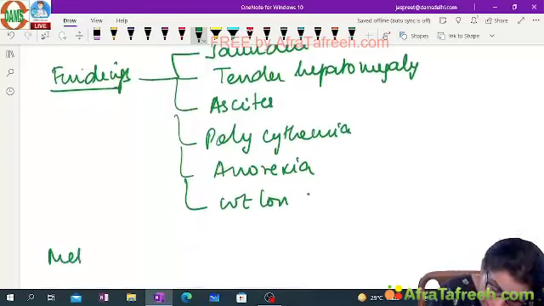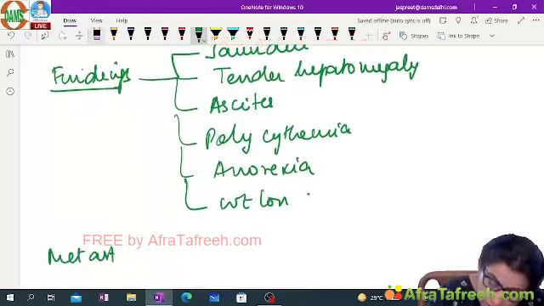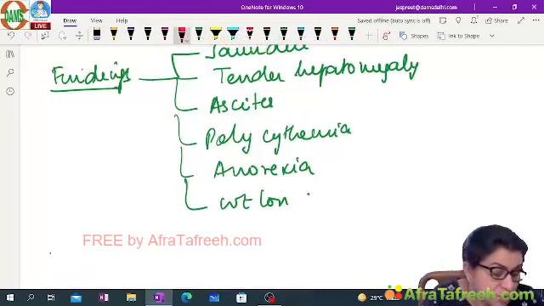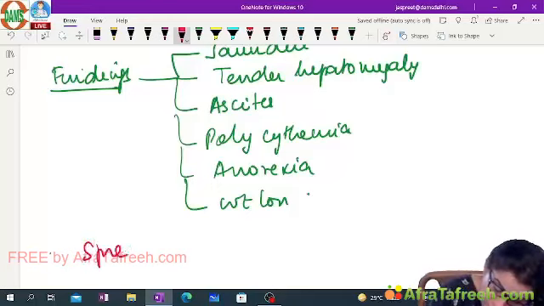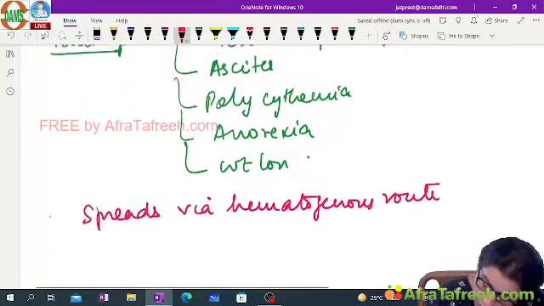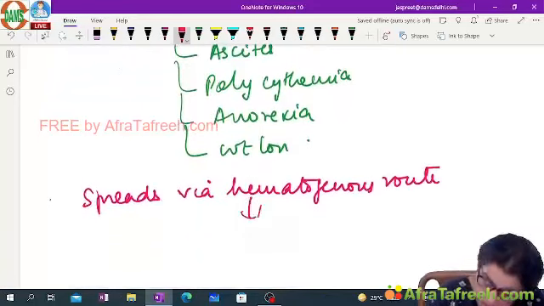Spread, metastasis. So hepatocellular carcinoma, how does it spread? Though it is a cancer, it usually spreads via the hematogenous route. Hematogenous route means it invades the hepatic vein.